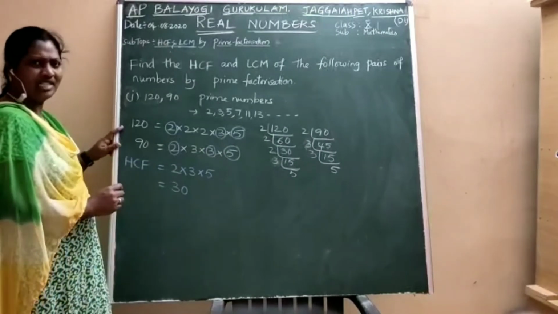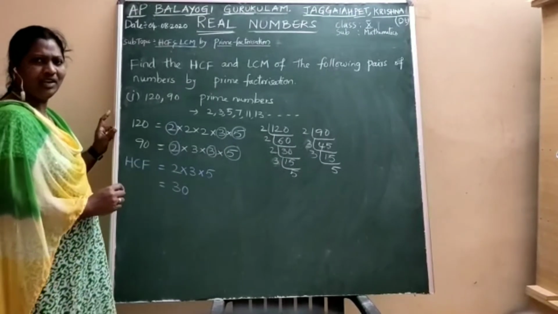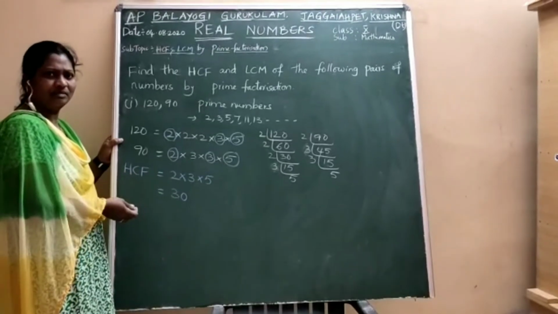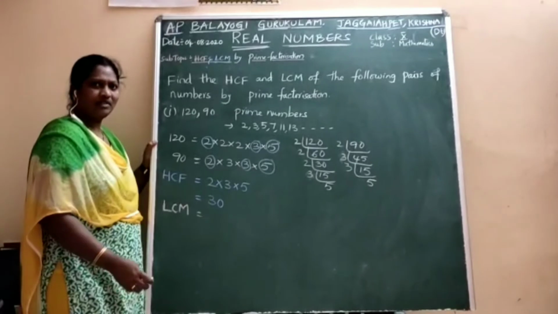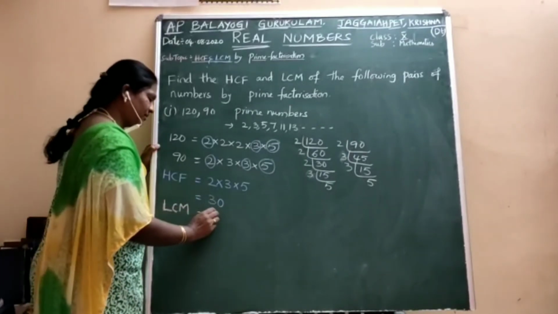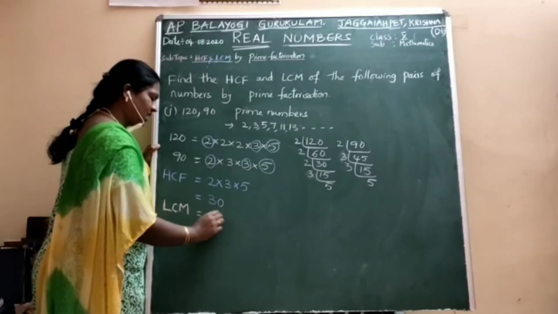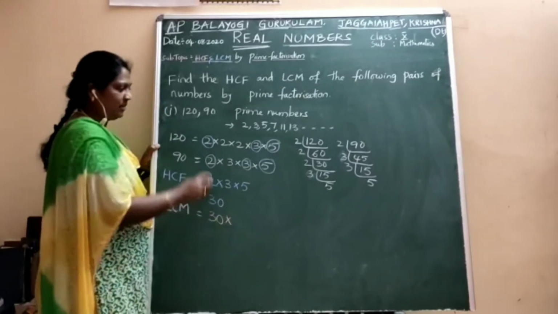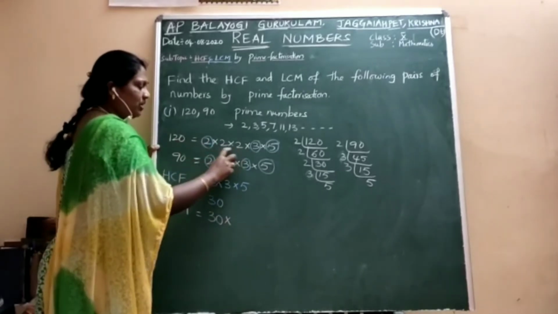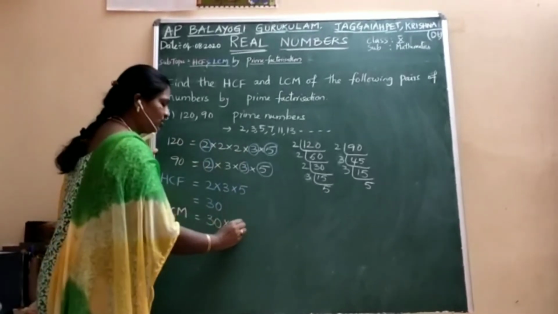Again we have to find the LCM. We have no need to repeat the previous steps. Just take this. First of all, write the HCF, 30, and multiply. What is remaining in 120? 2 into 2. So we write this 2 into 2.